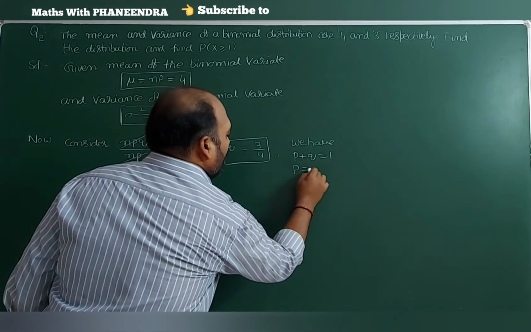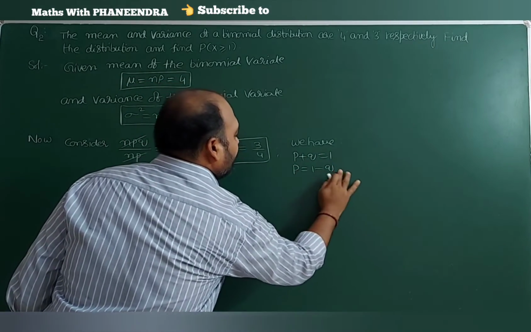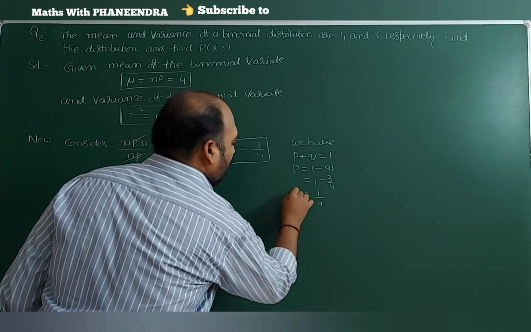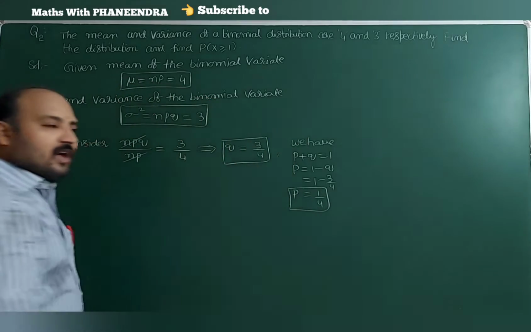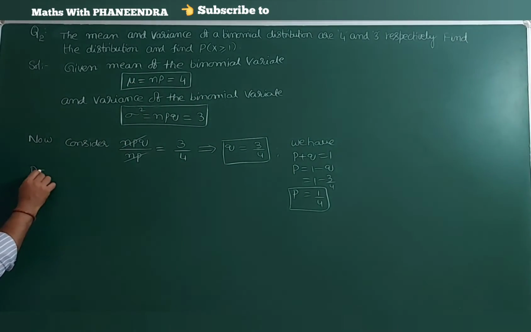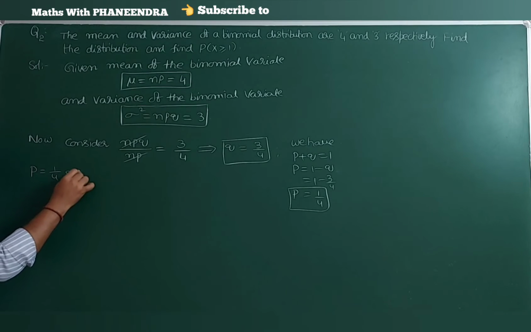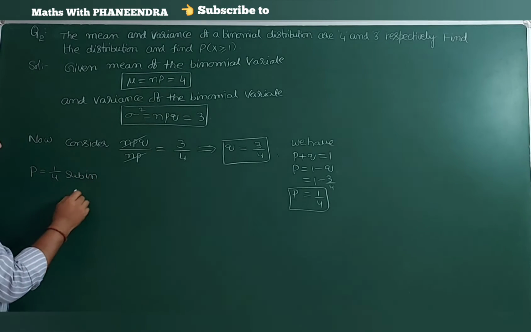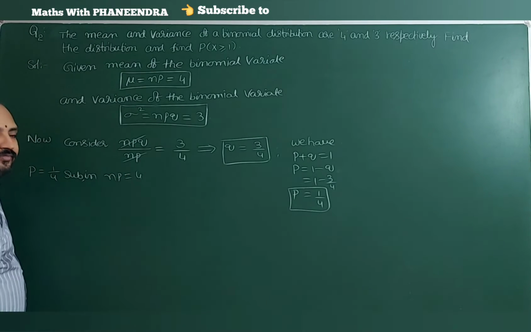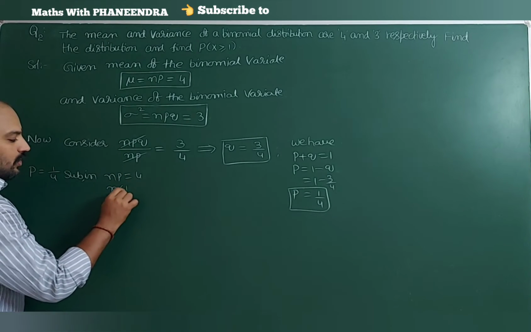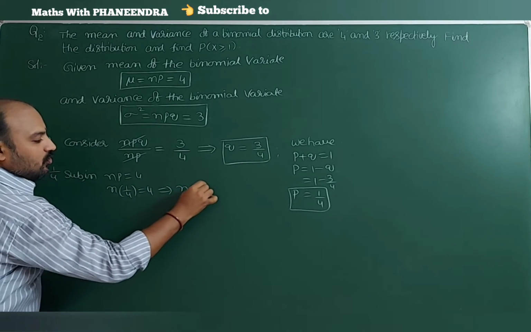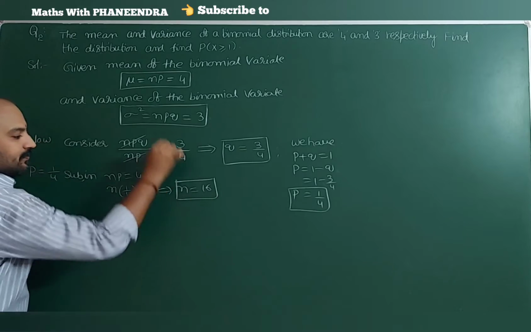So P equal to 1 minus Q, 1 minus 3 by 4, which is equal to 1 by 4. So P value 1 by 4, substitute in NP is equal to 4. So N into 1 by 4 is equal to 4. Cross multiply, N is equal to 4 into 4, 16.